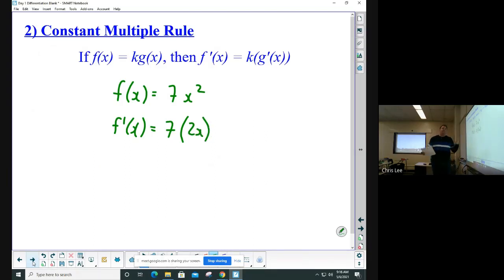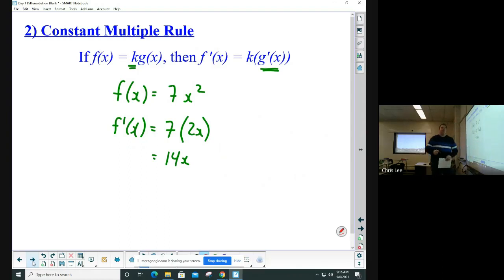And then we simplify. Forget calculus for a second. We just do some regular algebra and say 7 times 2 is 14. And we get 14x. So the constant multiple rule actually says if there is a coefficient, ignore it and do the derivative of the actual function, and then simplify afterwards.